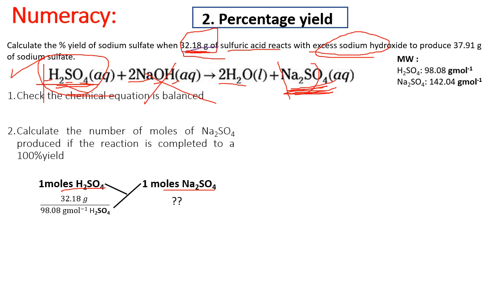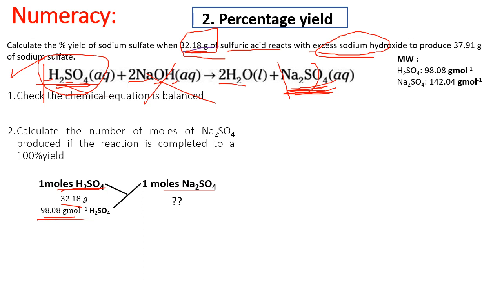So I use the same rule. The number of moles is equal to the mass over the molar mass. The number of moles of the H2SO4 used is equal to the mass, 32.18, over the molar mass, which would be 98.08. How do I get it? The atomic weight of hydrogen multiplied by 2 plus the sulfur plus 4 times 16 for the oxygen, so I get 98.08.